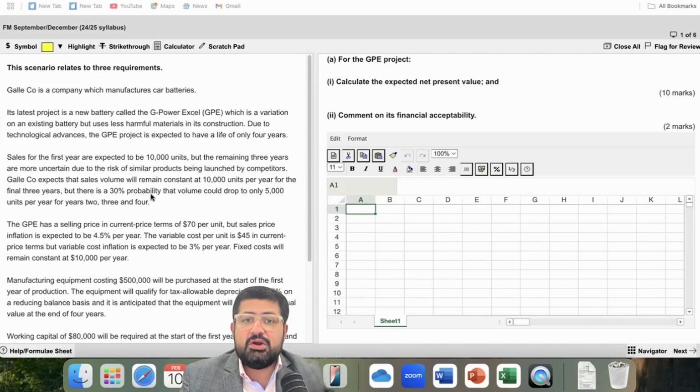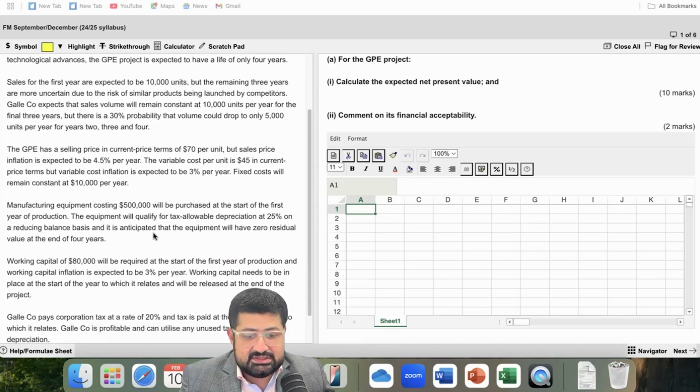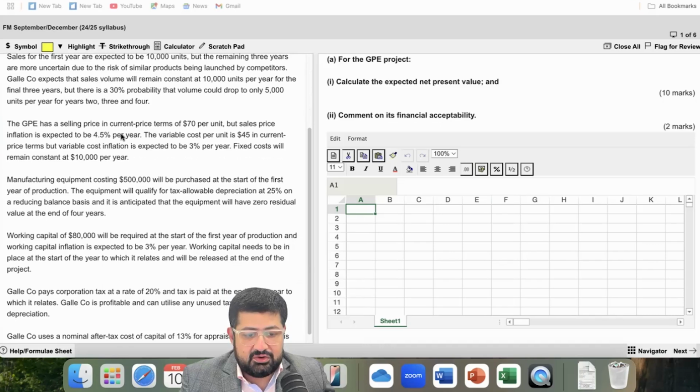There is a 30% probability that volume will drop, so it means 70% probability is that it will remain 10,000. The GPE has a selling price in current price terms of $70, but the sale price inflation is expected to be this. The variable cost per unit is this, and inflation is expected to be this. Fixed costs remain constant at $10,000 per year.